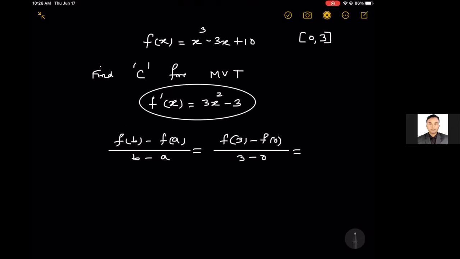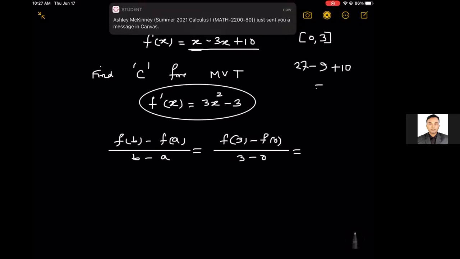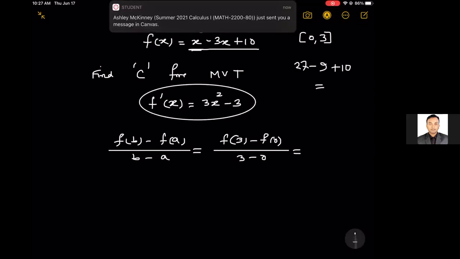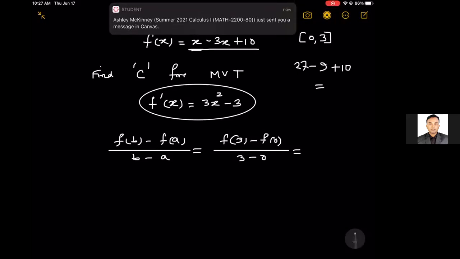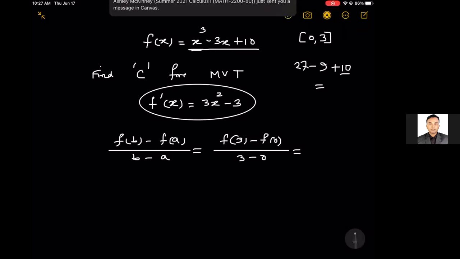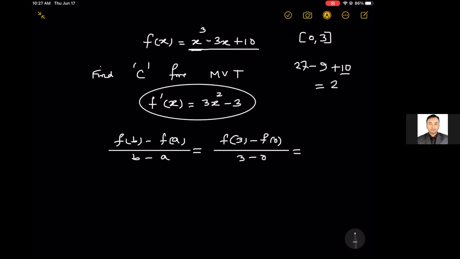So if we plug in 3 here, we get 3 cubed, which is 27, minus 3 times 3, which is 9, plus 10. So it's 17, sorry, 18 plus 10, which is 28, really?